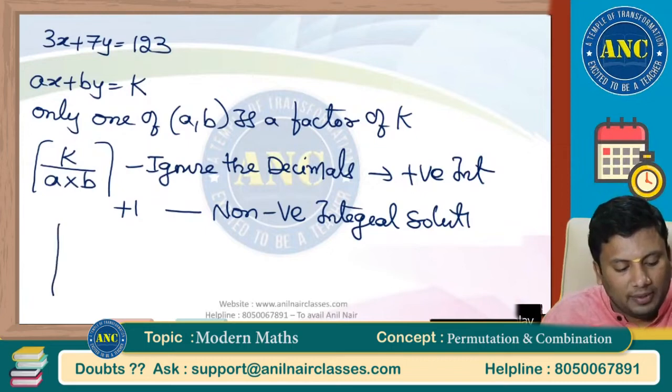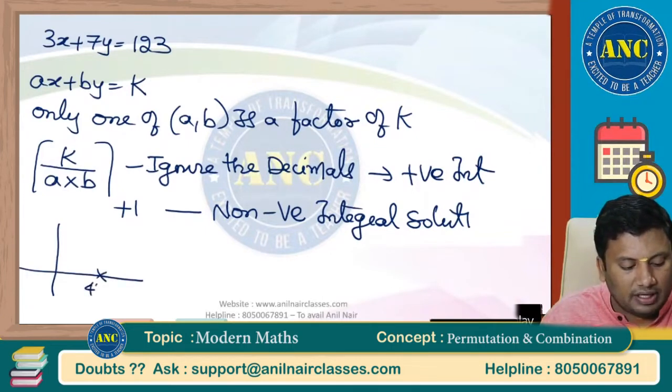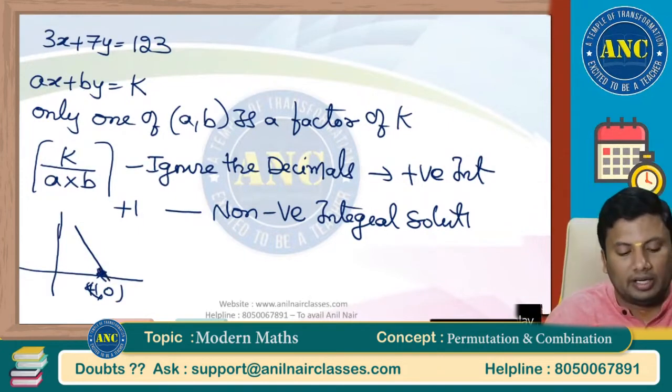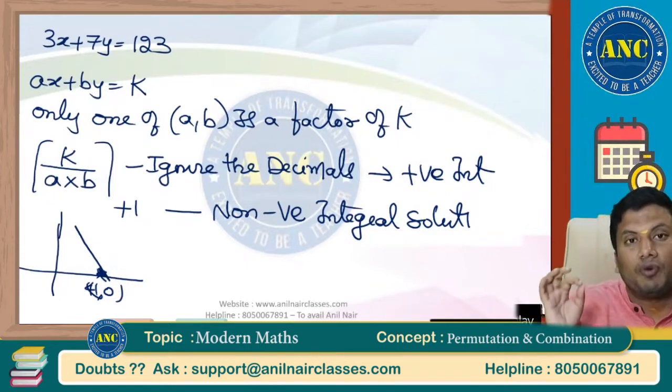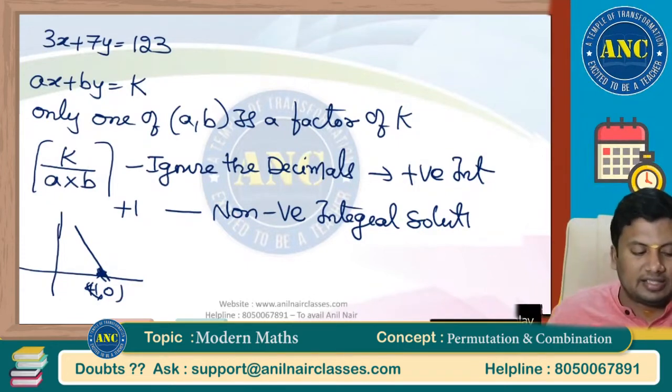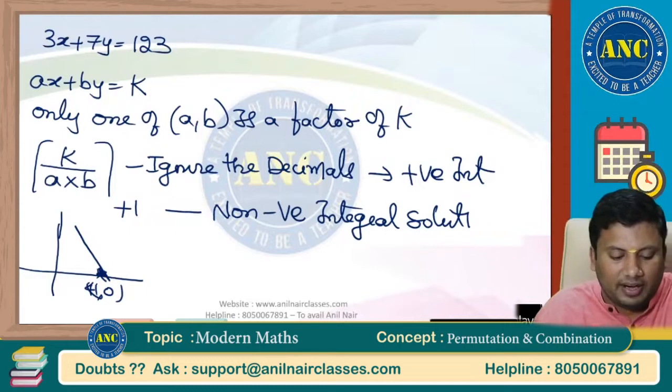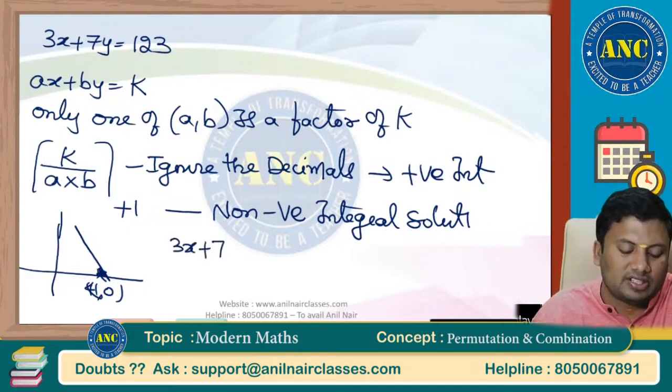The graph will be like this, sir. This is 41, 0. It is touching the axis only at 1 point. In the previous question, it was touching the axis at 2 points. If one of them is a factor of the right hand side, take k by a into b. If you get any decimals, ignore the decimals. For example, 3x plus 7y equals 123.